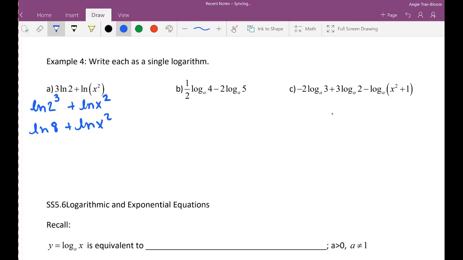Can I do anything else here, class? You have an addition in log according to the property. Addition in log becomes multiplication. So ln of what? 8x squared. Are we done? Yes. Is that 1 log? Yes.